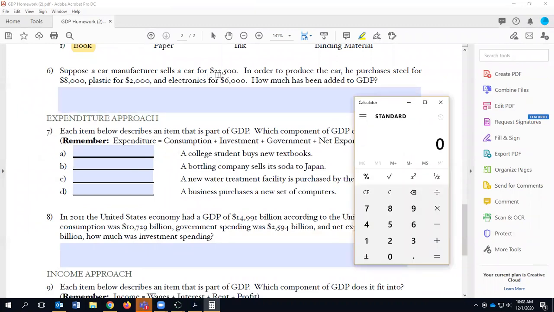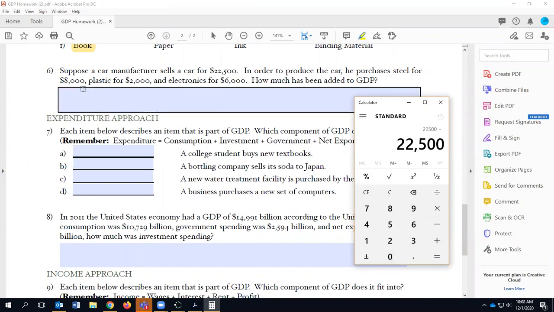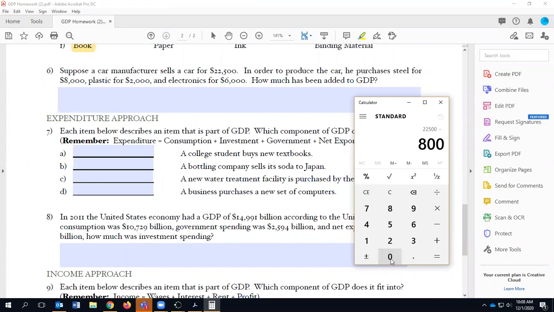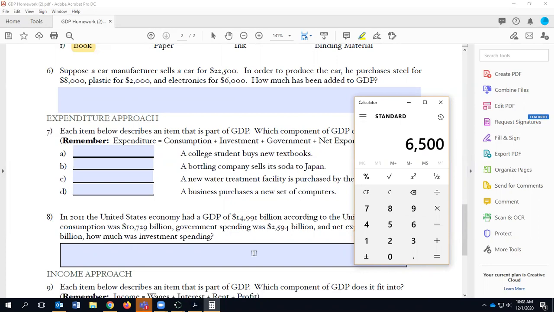We're gonna take 22,500 and subtract 8,000. And then we're gonna subtract 2,000. And then we're gonna subtract 6,000. So the profit is 6,500. So that's really what the value added model is, profit.